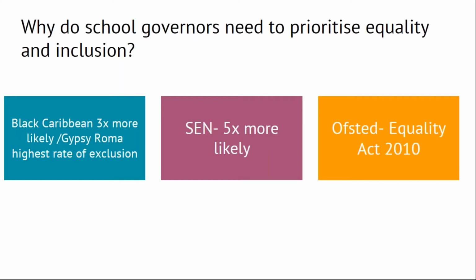Similarly, Black Caribbean pupils are 3 times more likely to be excluded than white British pupils, and Gypsy, Roma and travelling communities have the highest rates of exclusion. We need to make sure that all our pupils feel that they belong and can really thrive in school.